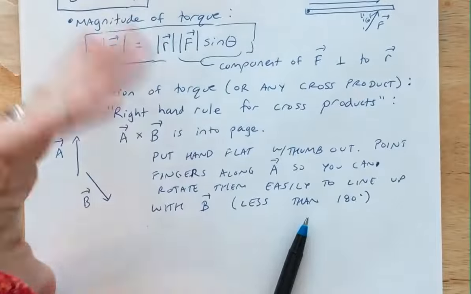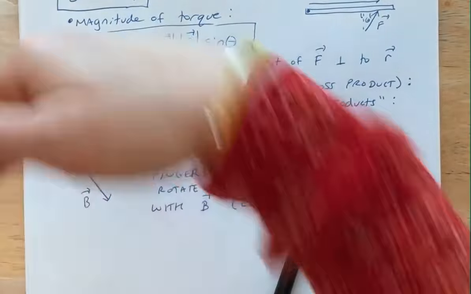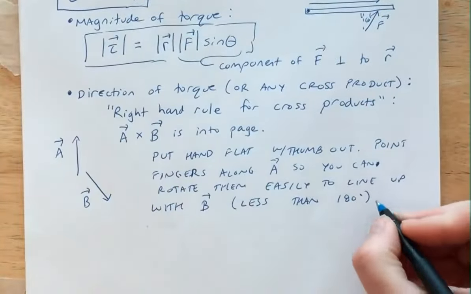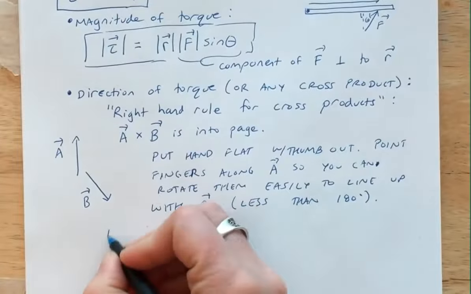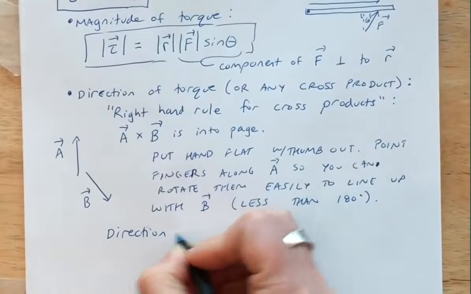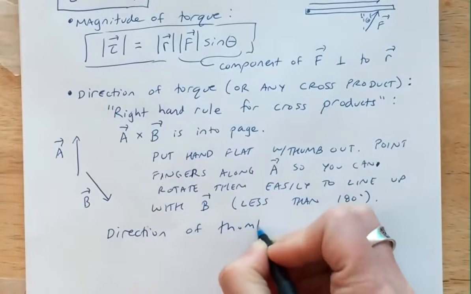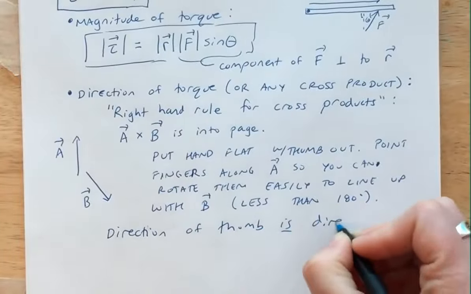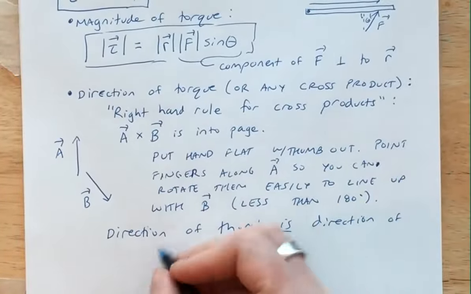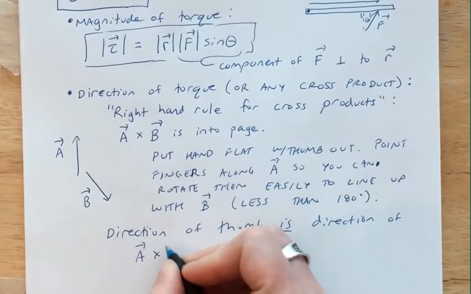So this motion versus this. The direction of your thumb at the end of that is the direction of A cross B.